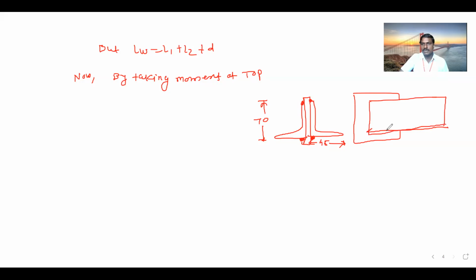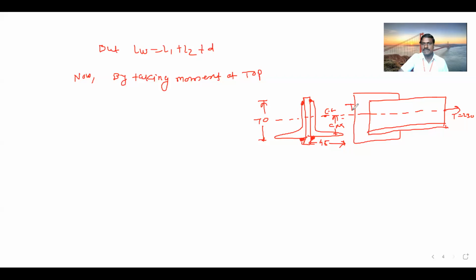Okay, so now this is our T equal to 230 kilonewton. So now this is your CG axis. Here CG will be there. So this will be the CXX.